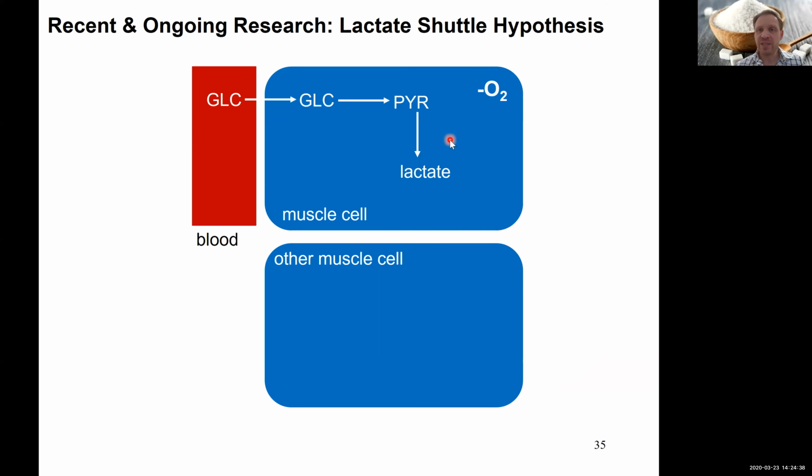The lactate shuttle hypothesis now argues that it could also be possible that the lactate is directly transferred from a muscle cell that is deprived of oxygen to one that has oxygen, right? Not all your muscle cells at the same time are deprived of oxygen.